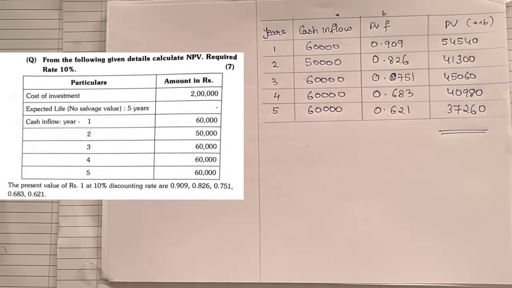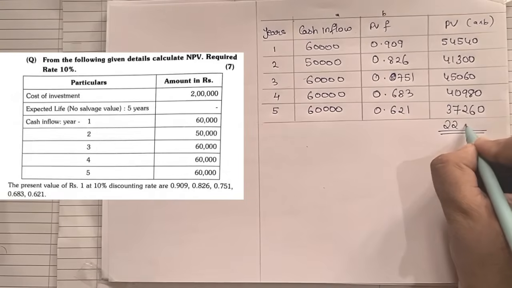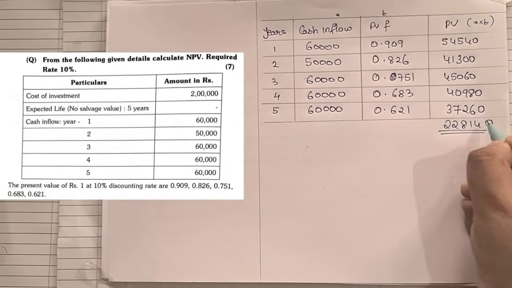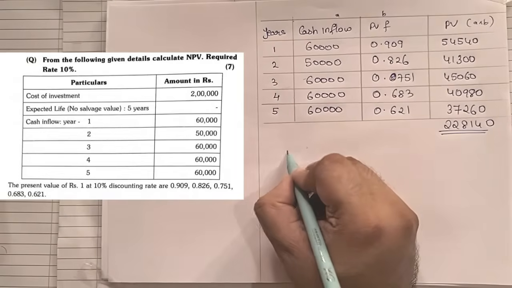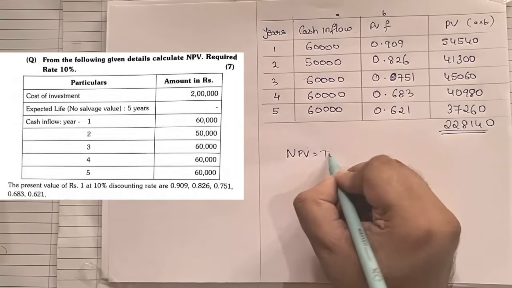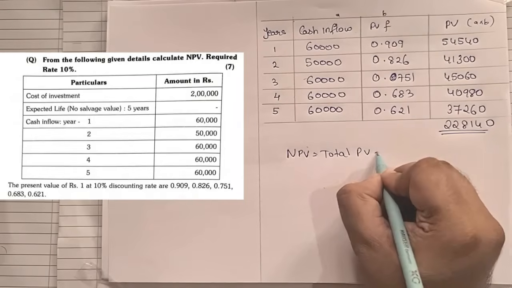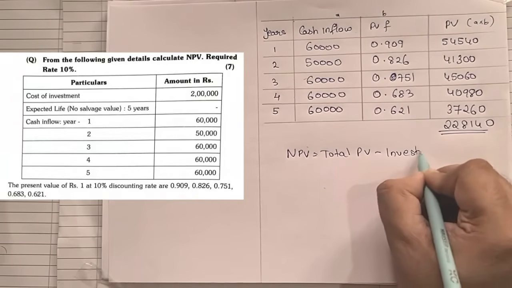And now I need to total it up. Okay, so 54,540 plus 41,300 plus 45,060 plus 40,980 plus 37,260, which comes to 2,28,140. So this is my total PV. So finally NPV is equal to total PV minus my initial investment.